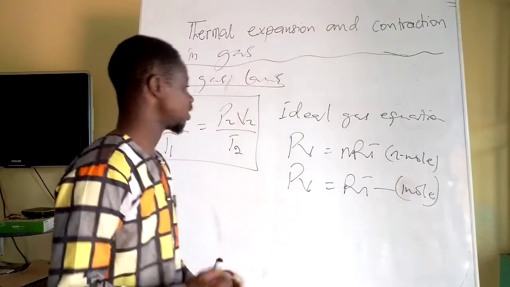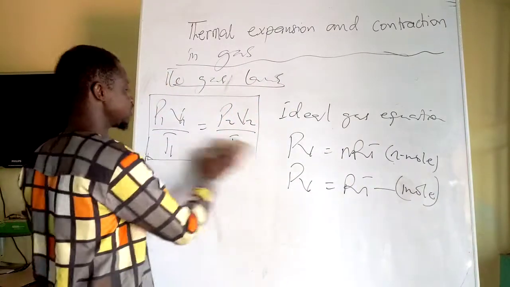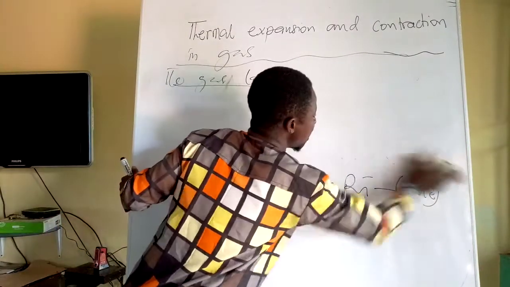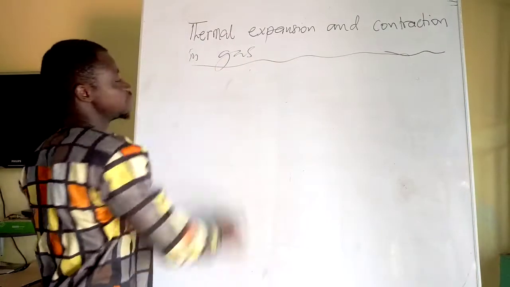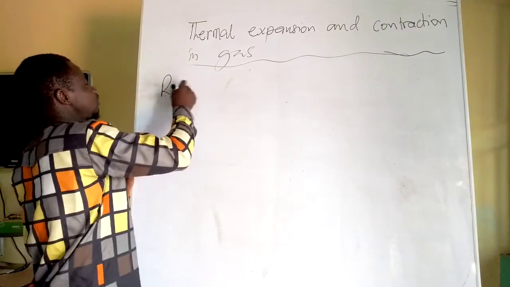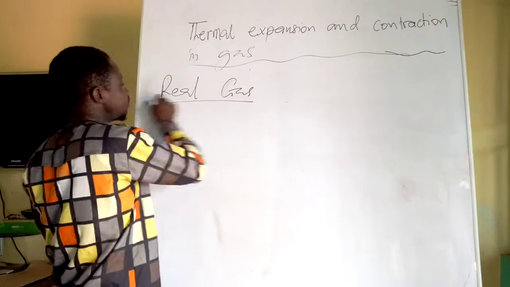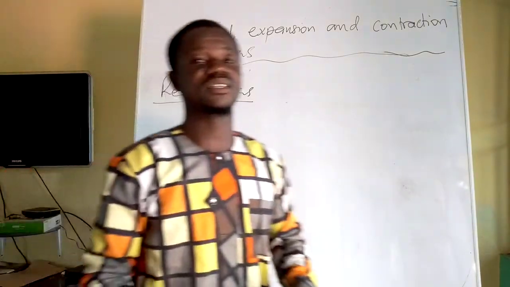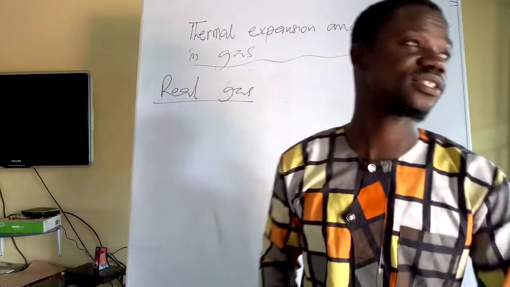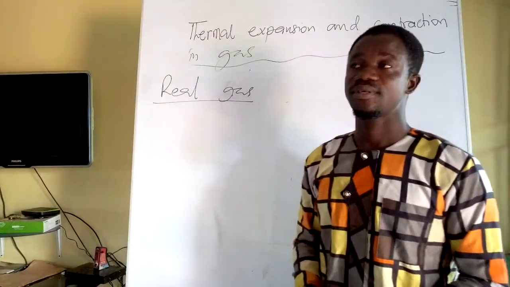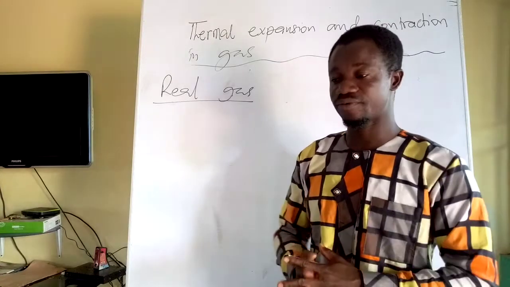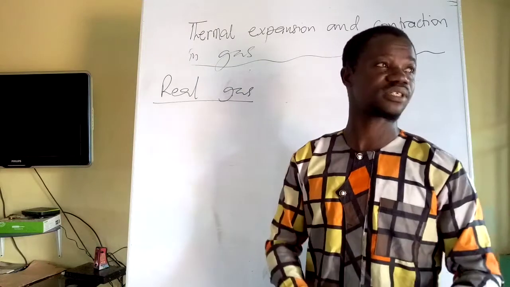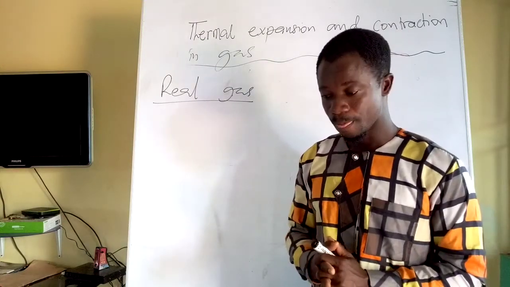Then we talk about the real gas. Now, a real gas is a gas that does not obey the gas laws and the assumptions of the kinetic theory of gas.